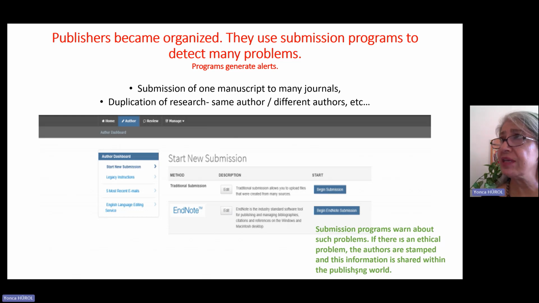The program generates alerts if the editor is in the same vicinity with the reviewers, if he or she is in the same vicinity with the authors, and also if the authors are in the same vicinity with reviewers in the same university, for example, or if they have used the same computer. Again, the programs generate alerts. So you should be very careful about, I suggest not to do anything, of course, these type of things.